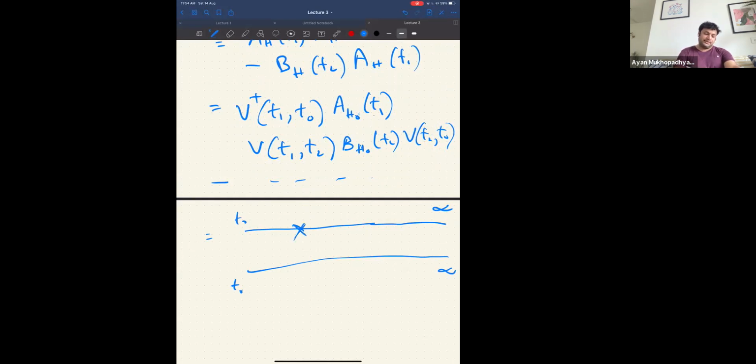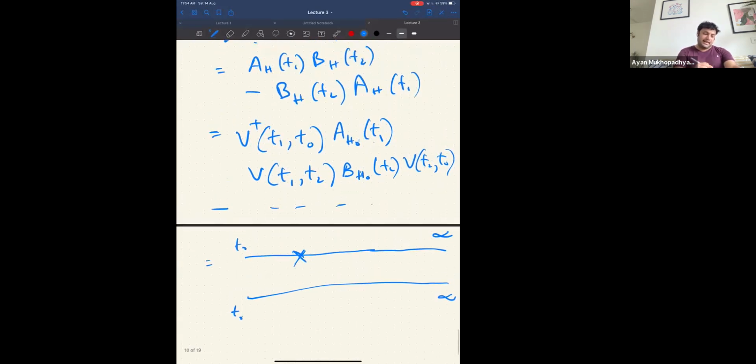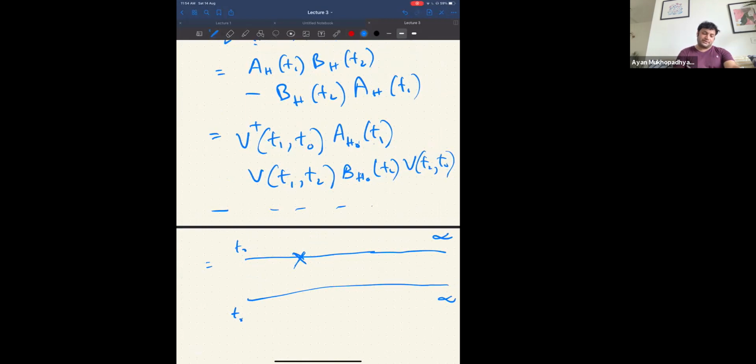I place this operator here. So you see here, A occurs first and then B occurs, right? Which means that I have to insert A. So this is T1 and this is T2. I have to insert A here and then B here. I have to insert A in the backward contour and B in the forward contour so that I always get this.